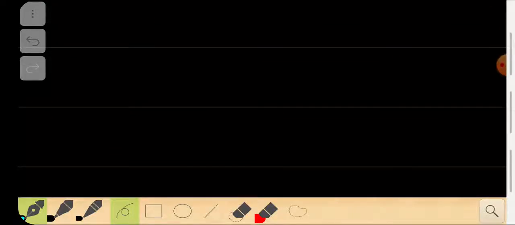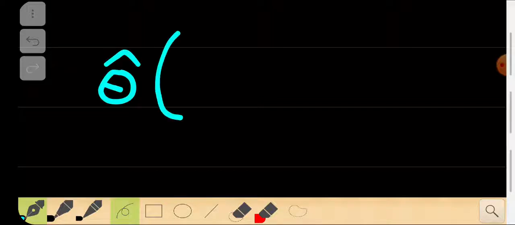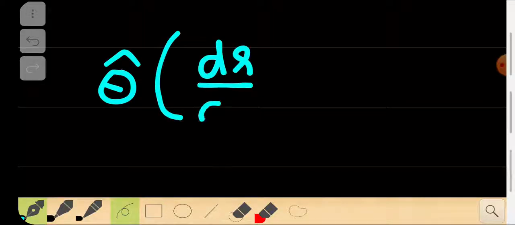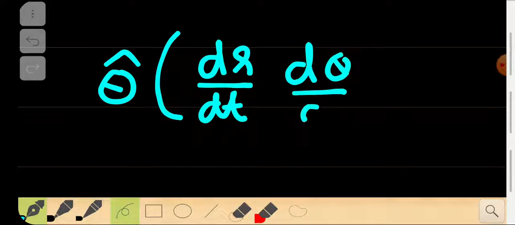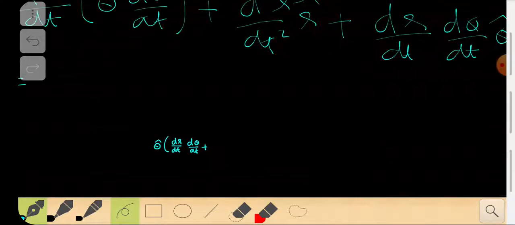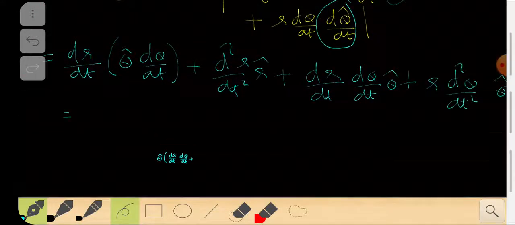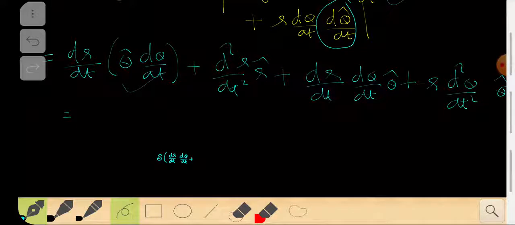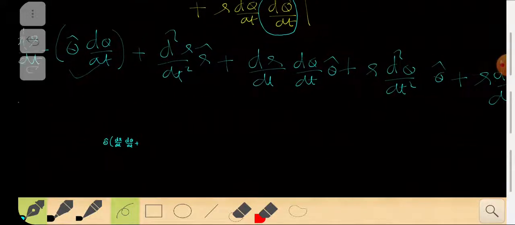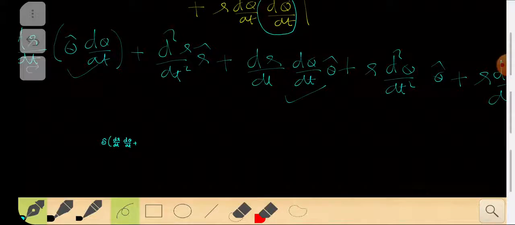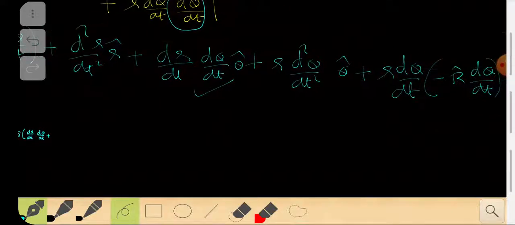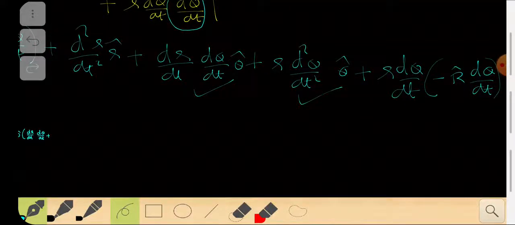In the theta cap axis, I have dr/dt times dθ/dt, then again dr/dt and dθ/dt, and then r times d²θ/dt².